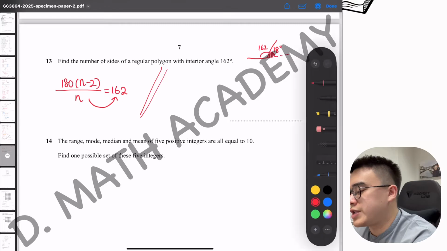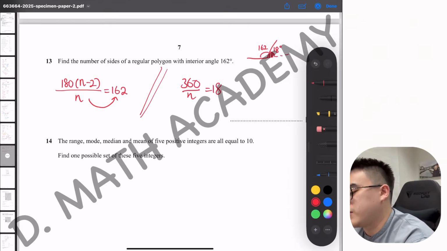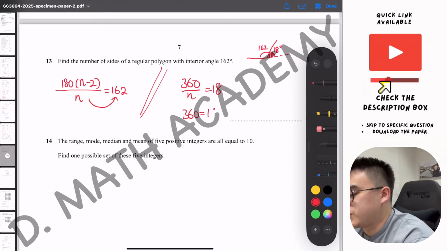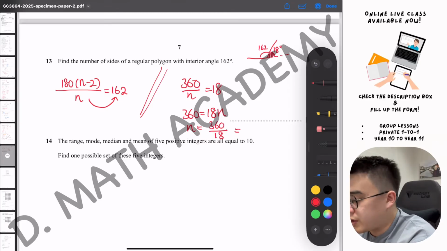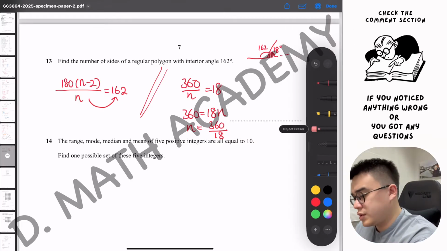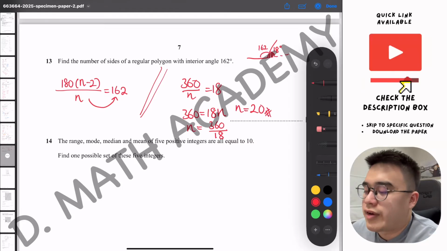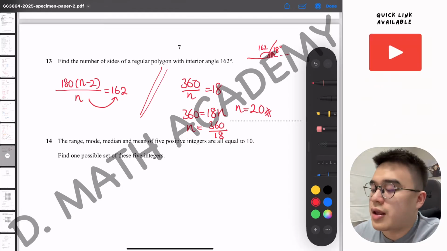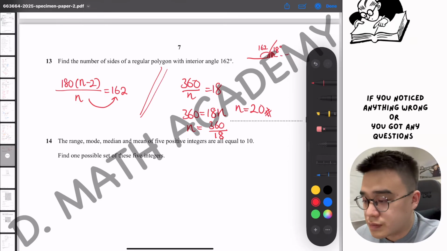So 360 over n equals 18, and you will get 360 equals 18n. When you make n the subject, 360 divided by 18, you will get 20 straight away. So n will be 20, and this is your final answer. You will get the same thing if you perform the calculation on the left. So it's really up to you. Open-ended question.